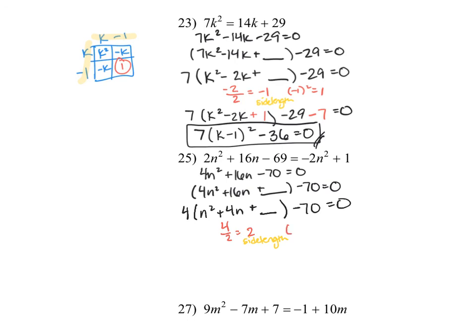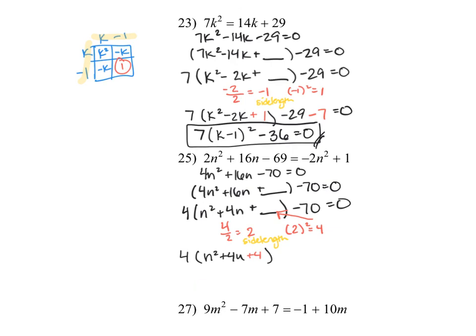And we're going to take the 2 and square that. And that number 4 goes right there. That's our new c value. So we'll write that as 4 times n squared plus 4n plus 4.